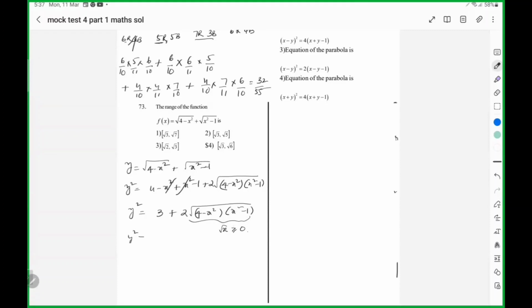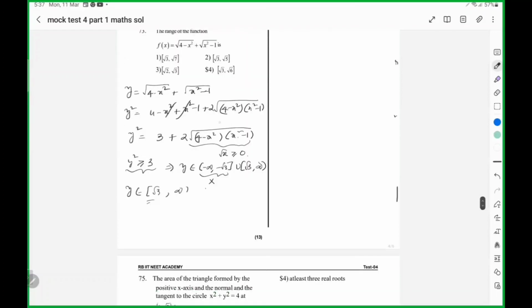So y square will be greater than 3. So y belongs to minus infinity to minus root 3 union this. But here the root cannot be negative, so y will not come to this region, root 3 to infinity. We got the lower bound. For getting the upper bound, this cannot go to infinity.